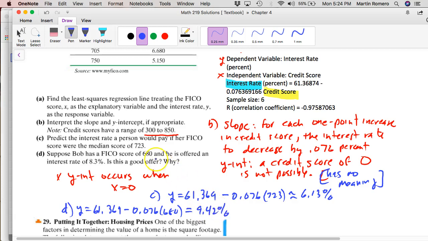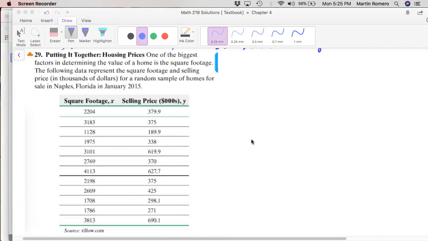So Bob has 680, he would expect about 9% on average, but in this case, he's offered 8.3%. I would say 8.3% is a good offer. It's a good offer because it's lower than what we would expect. He would expect 9.42 with a 680 credit score.